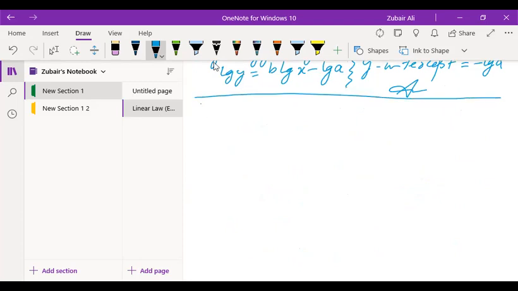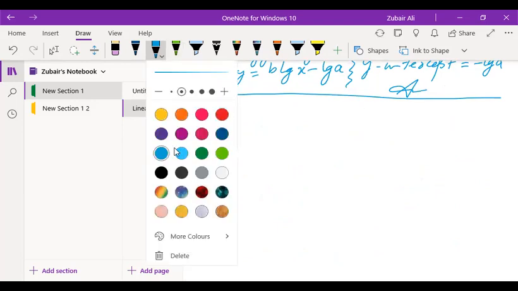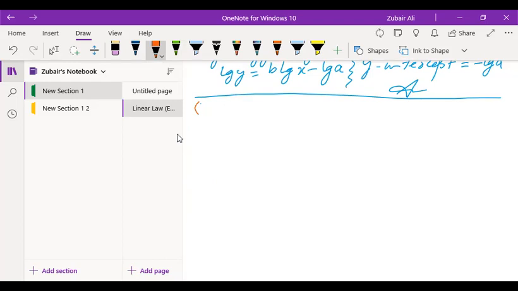Now the last part is part H. Part H is e power y is equal to px square minus qx.